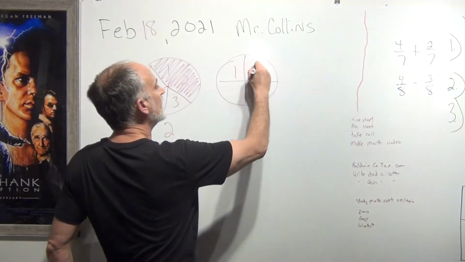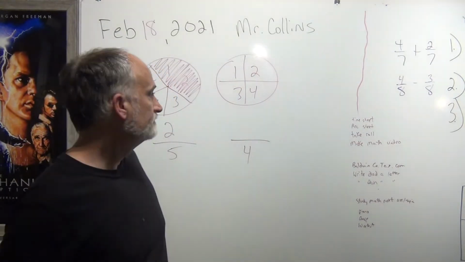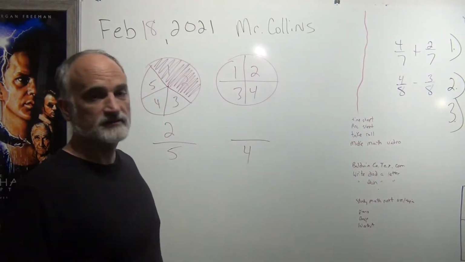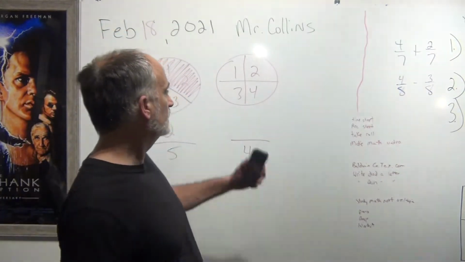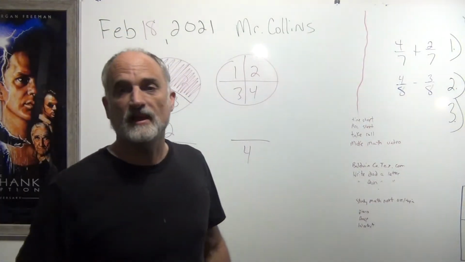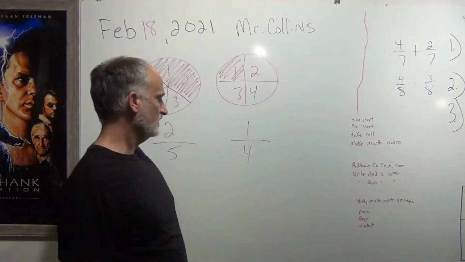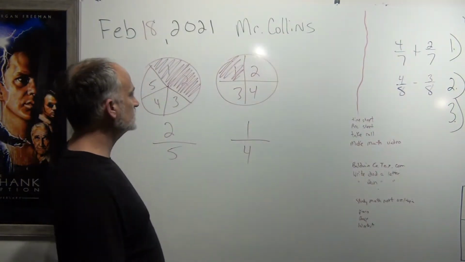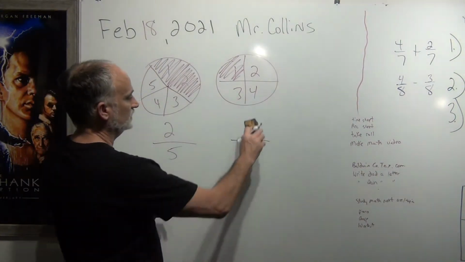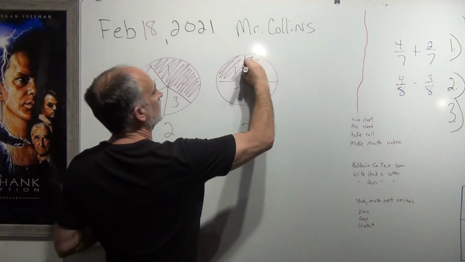Well, if you don't know, count 1, 2, 3, 4. 4 is going to be in the denominator, okay? And if I say that, hey, I see you got 4 pieces there. I want 1 of them. We shade in the 1. 1/4. Okay. So, let's change this and let's say 2/4.